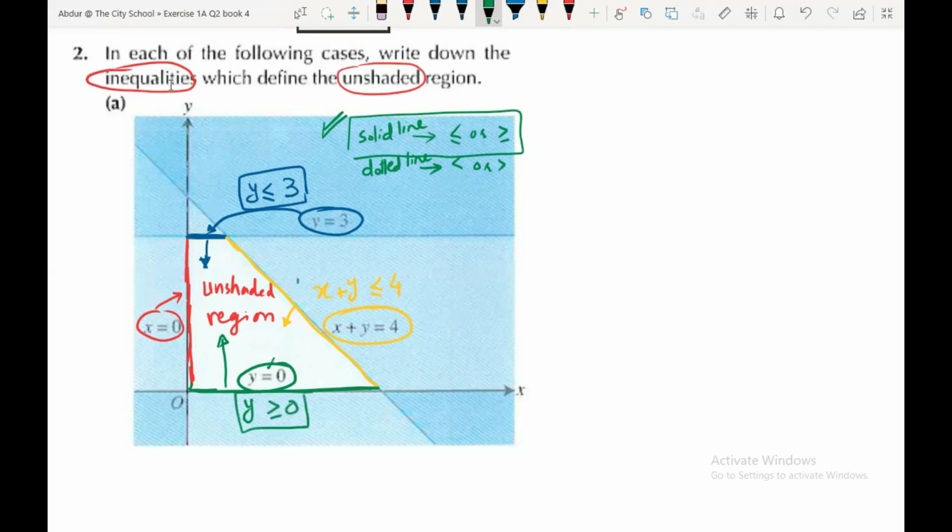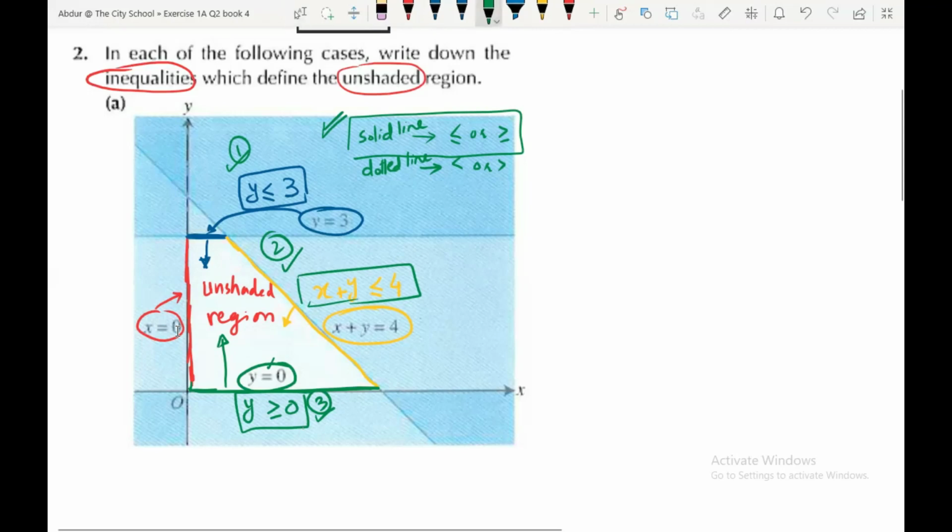So now there are 4 inequalities here. Sorry, there are 3 inequalities: the first, the second, and the third. But the last one is x equal to 0 for the unshaded region.